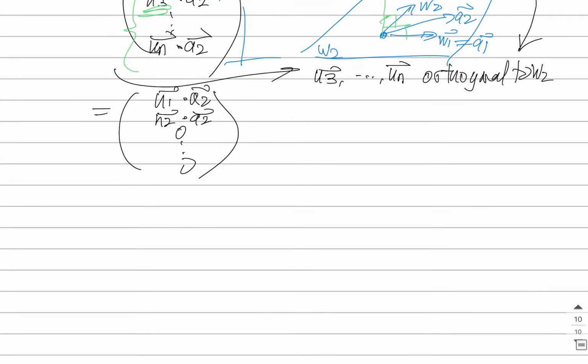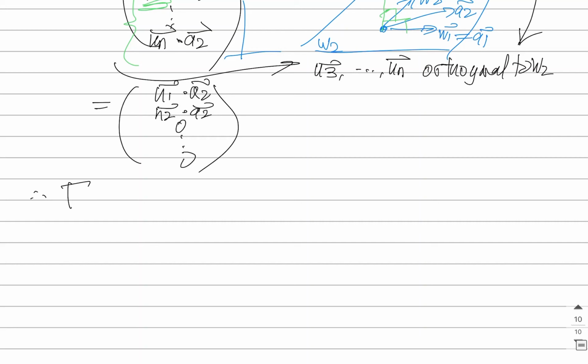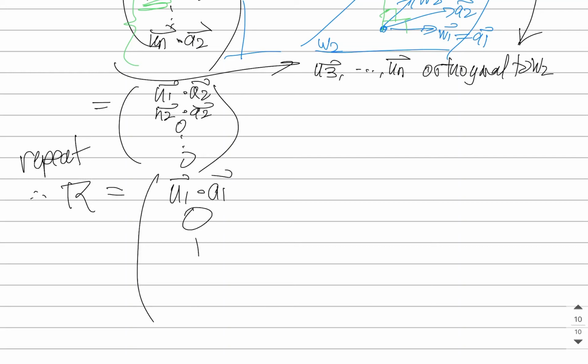And in general, you're going to find that R will have this structure. You're going to find that R, that matrix there, has U1 dotted with A1 and a bunch of zeros, then U1 dotted with A2 in the second column, U2 dotted with A2, and then a bunch of zeros.